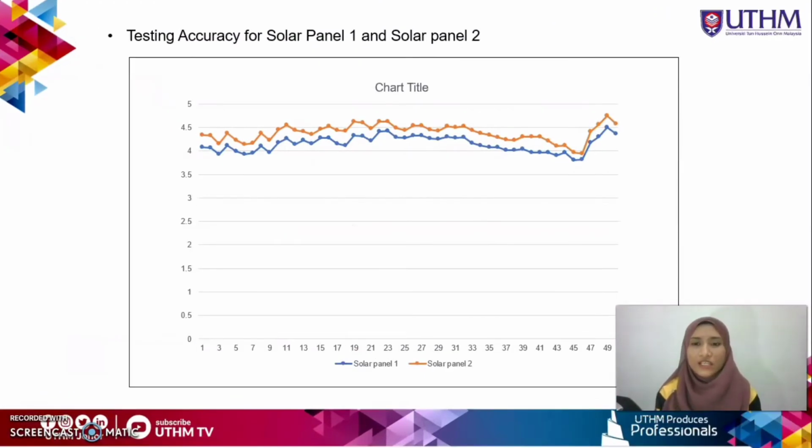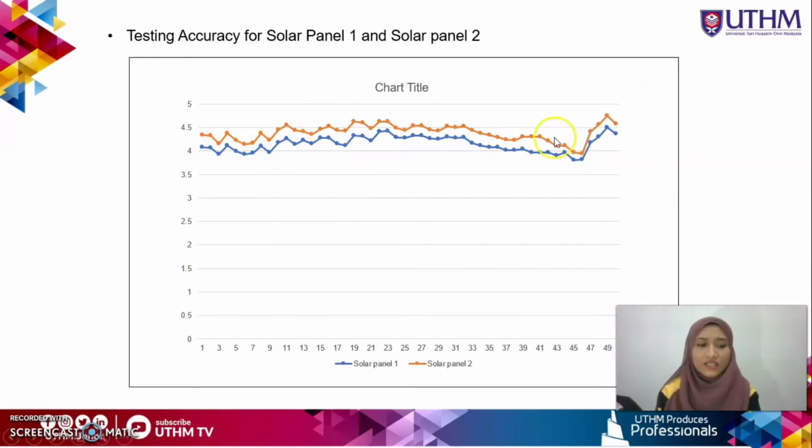So for the testing accuracy for the solar panel 1 and solar panel 2, we can see here the orange line is for the solar panel 2 and the blue line is for the solar panel 1. So as we can see, the voltage for the solar panel 2 is higher than for solar panel 1.